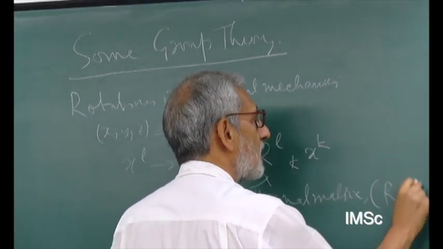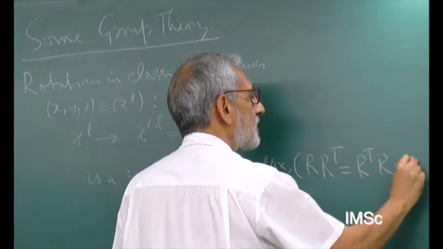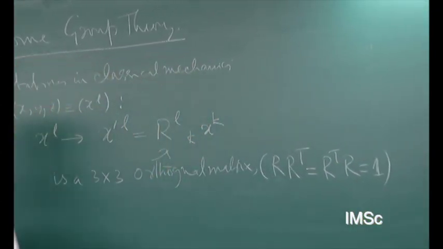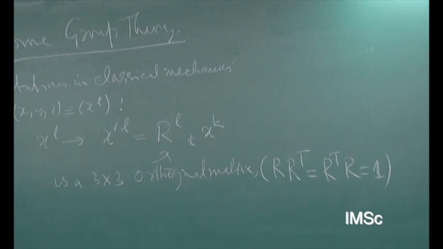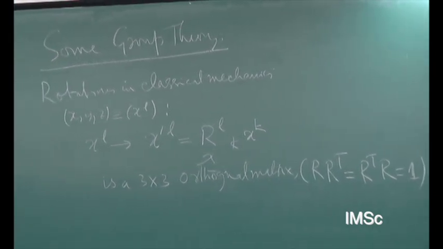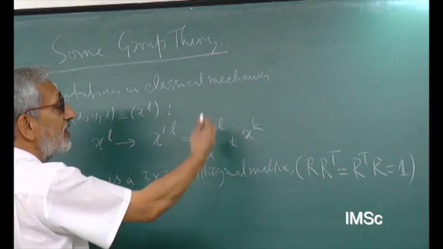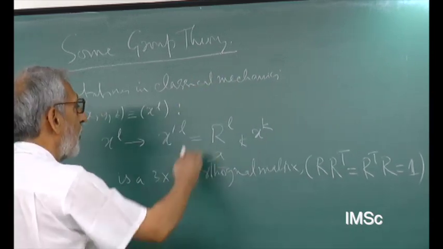Orthogonal means R transpose R is a unit matrix. That's how rotation acts on the coordinates. And they have determinant 1, and they form a group.